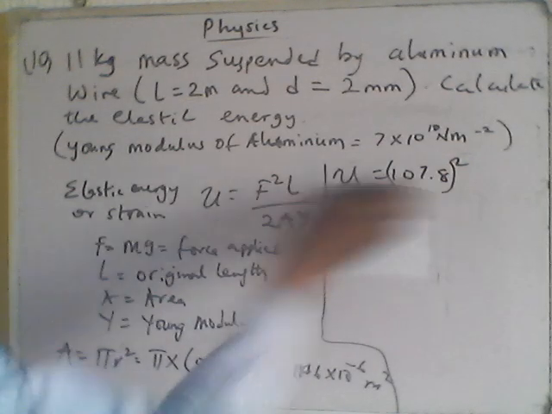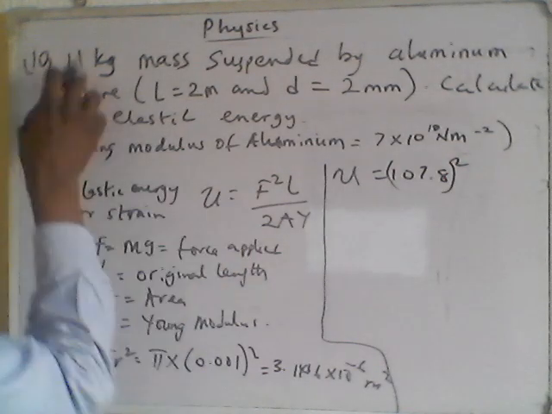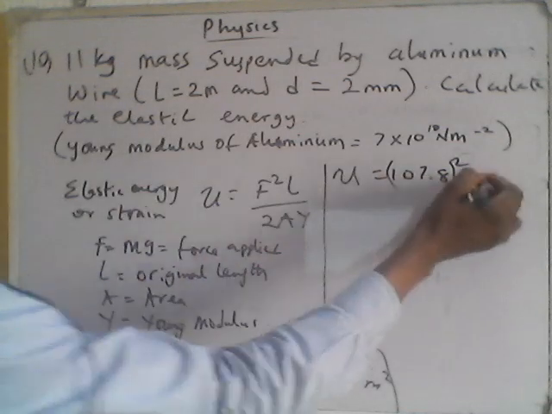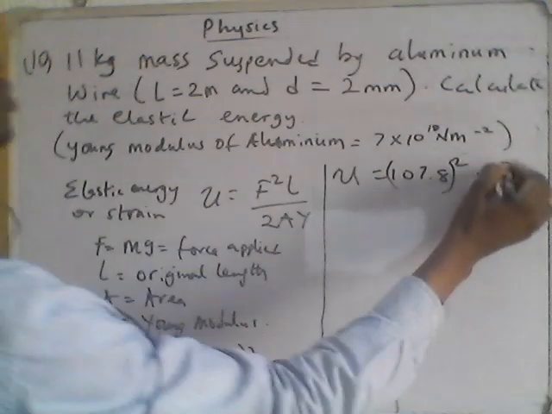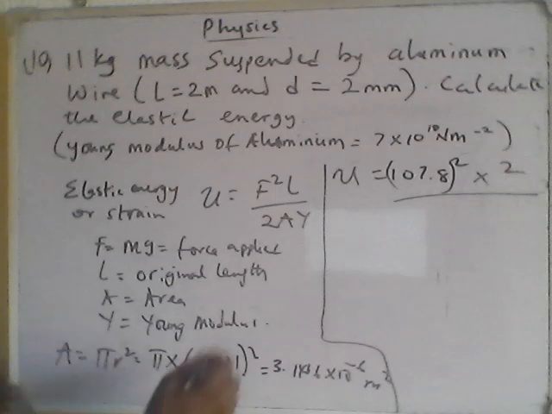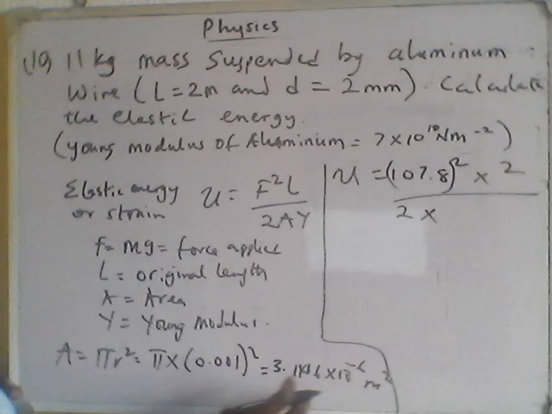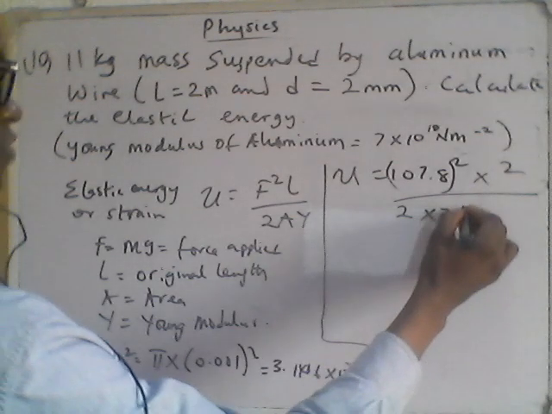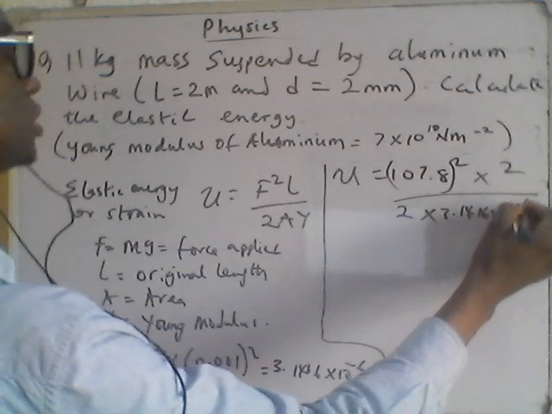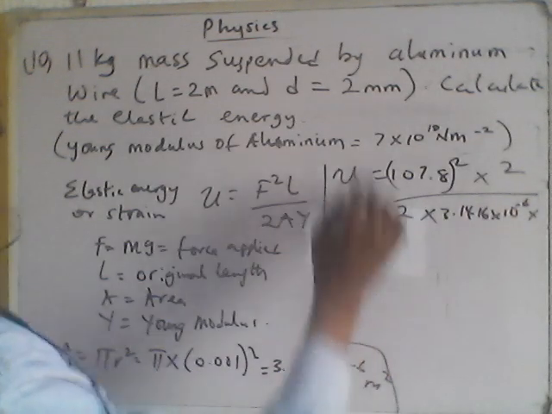So what I have here is this force squared, which is coming from here, times the length. The length is 2, right? All over 2 again here, times area, 3.1416 times 10 to the power minus 6, then times Young modulus. Young modulus is this long number that is here.